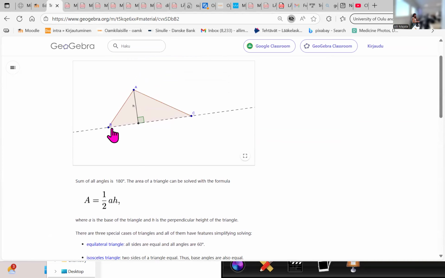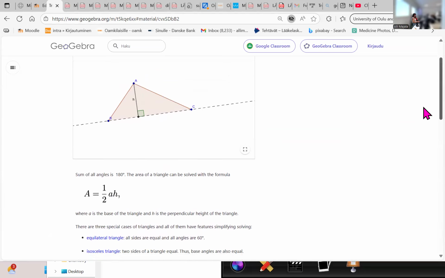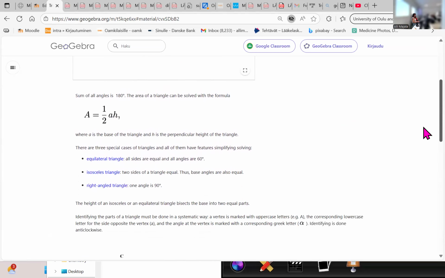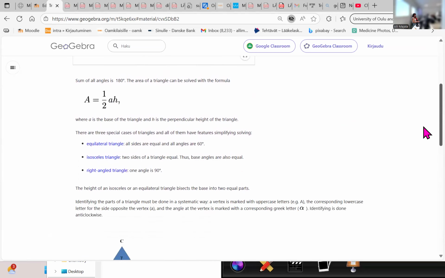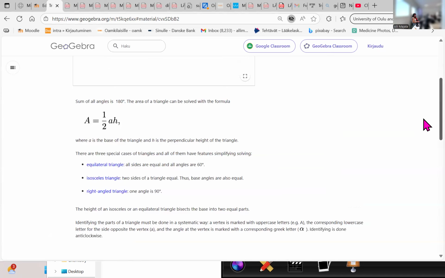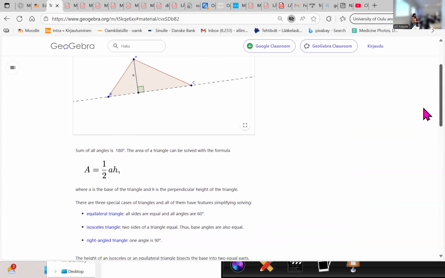This is A, the bottom, and then the height. For sure, you've seen this equation at some point. This is also something that you need in the basic geometry calculations. A is the base, and H is the perpendicular height.